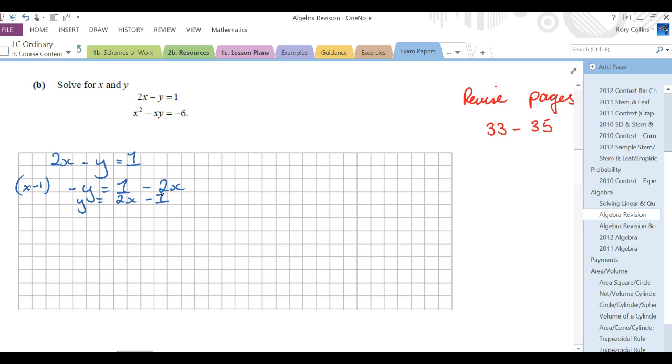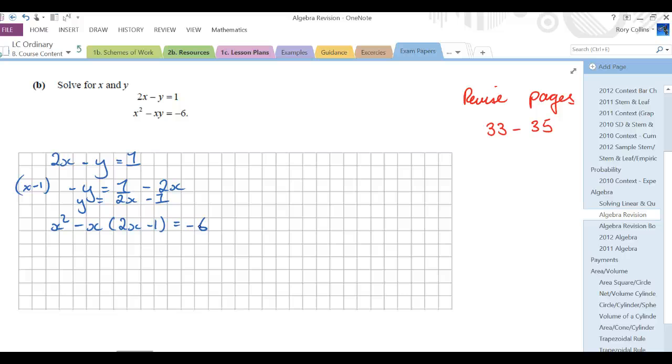I now take this equation and sub it into my quadratic equation every time I see y, giving me x squared minus x(2x minus 1) equals minus 6. We now have one equation in terms of one variable, which we are able to solve.